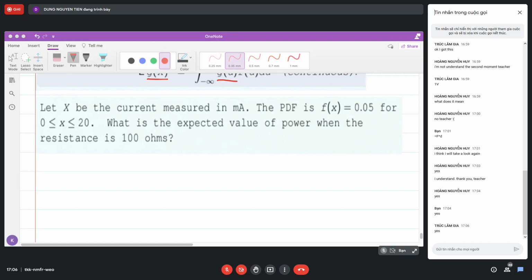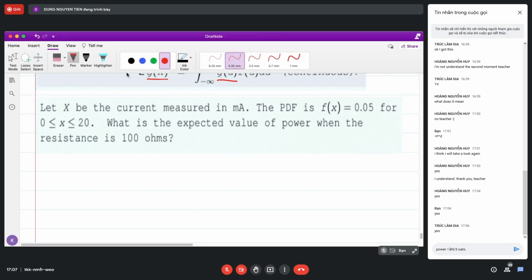Can you solve the problem? Do you know how to solve the problem in this case?